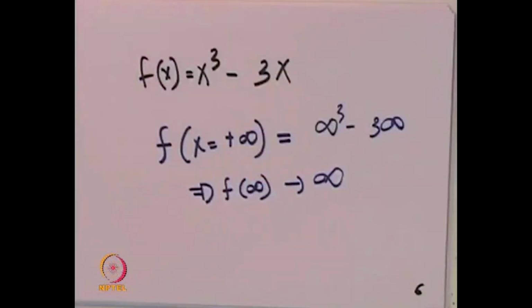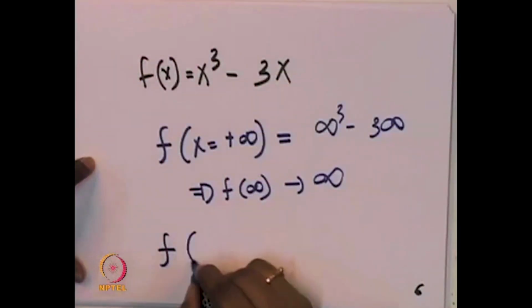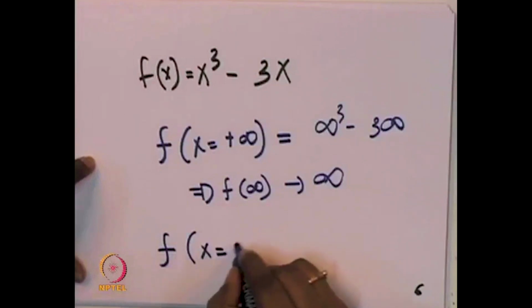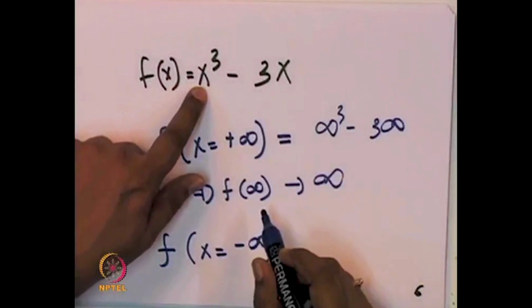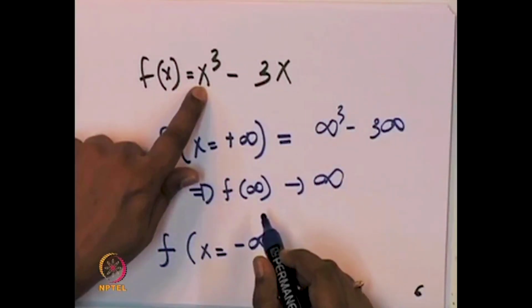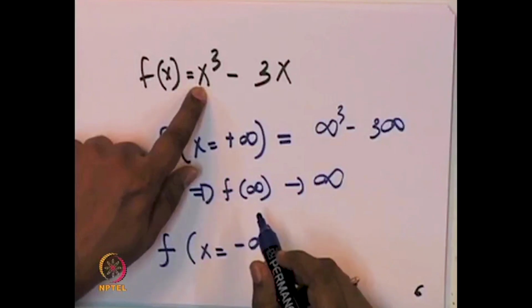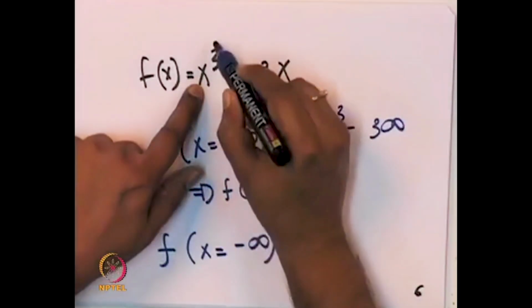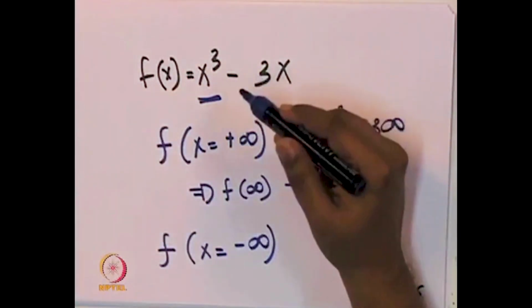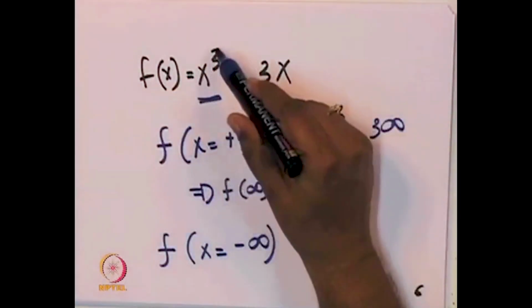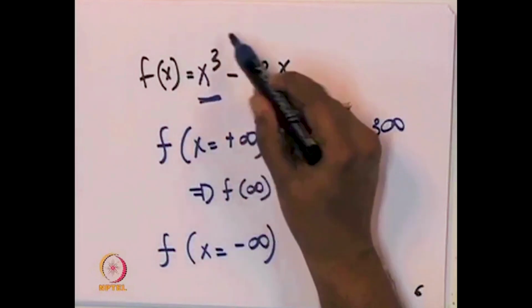The next point we want to find out is x equal to minus infinity. What will be the value? If you put minus infinity here, minus infinity cubed, there will be a minus sign. This term, x cube, is the dominating term. When x is very large, x cube dominates.